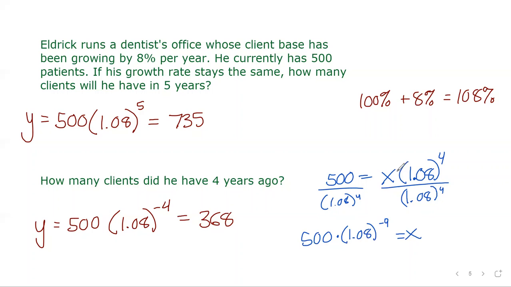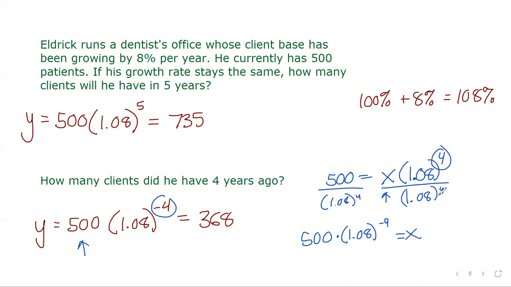They both work. And one thing that this shows you is just a general thing with exponents and exponential equations, I should say, is that you define what your starting point is. Like, I just got the right answer to this question by saying 500 is my starting point and I'm going back in time 4 years, or 500 is my current point, x is my starting point, and then I'm going forward in time 4 years.